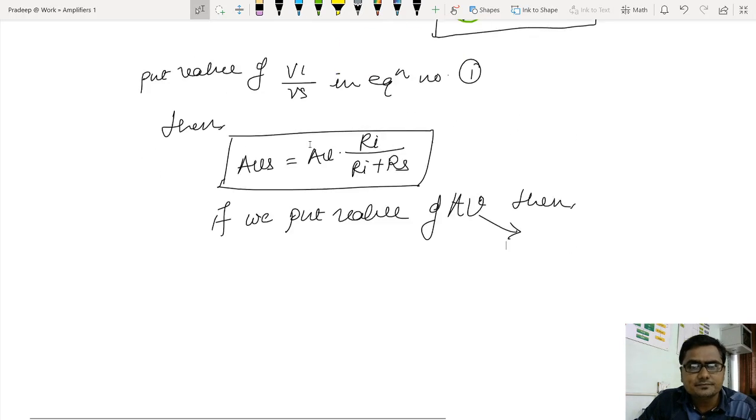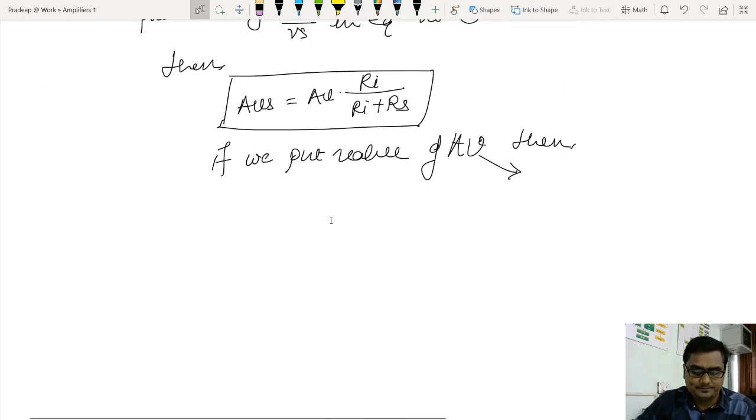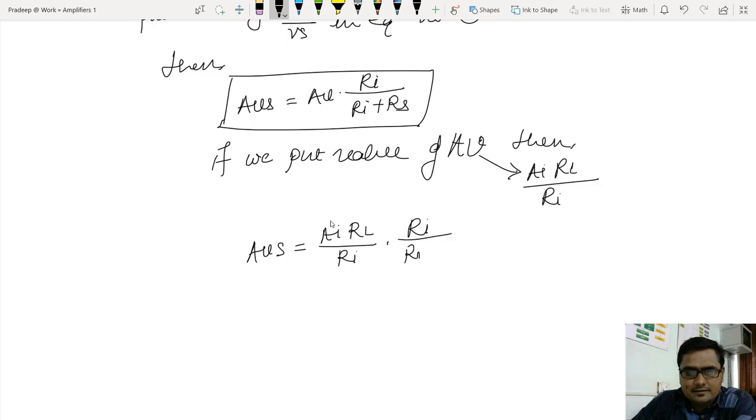Now put this value of AV in the equation of AVS. Then AVS will become AI RL divided by Ri, multiplied by Ri divided by Ri plus Rs.